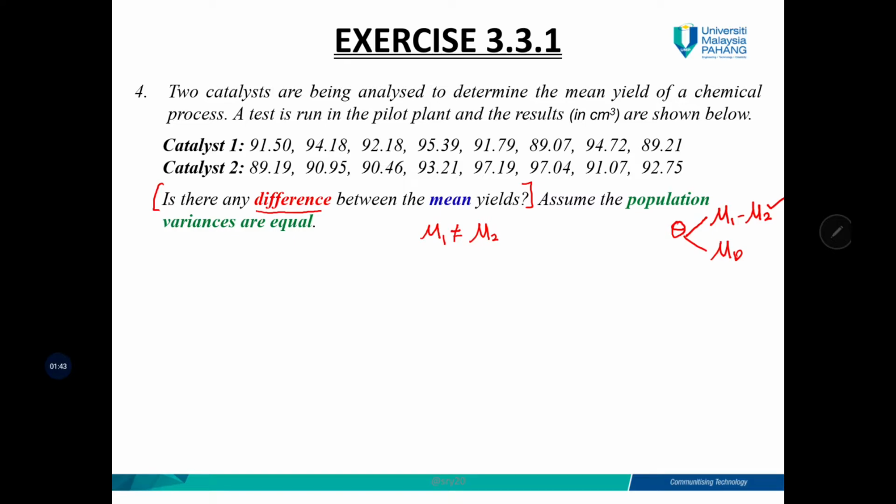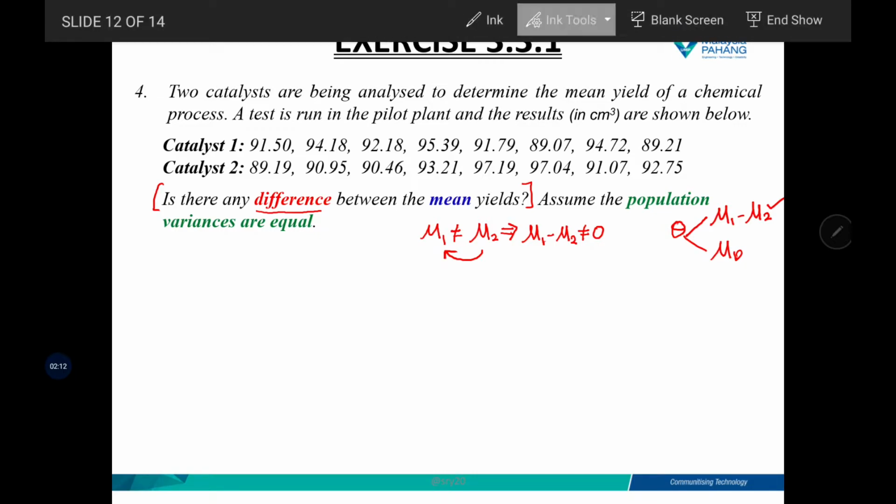For the independent sample, we usually use the form mu1 minus mu2. Transferring mu2 to the left side, we get a new form: mu1 minus mu2 not equal to 0, and this is the claim.